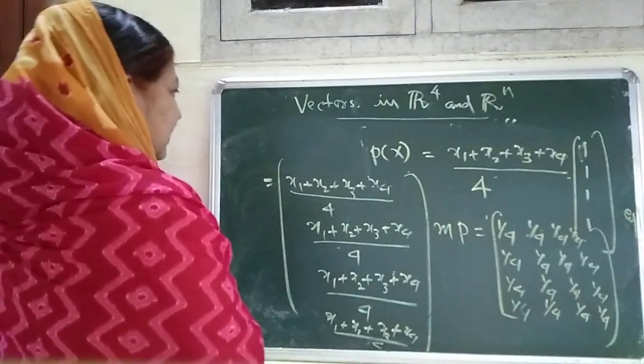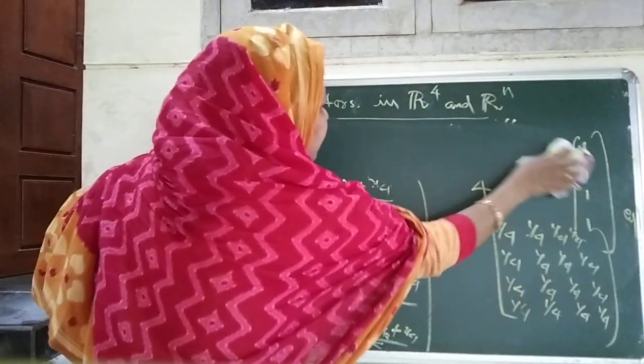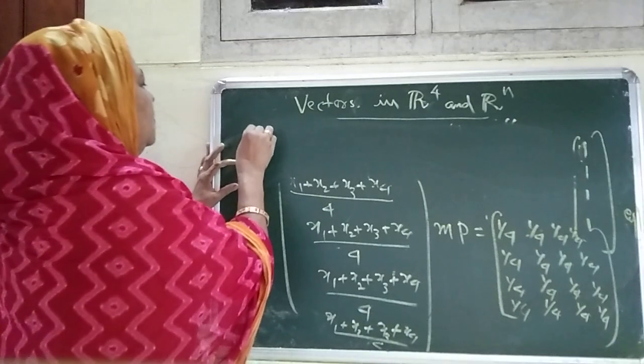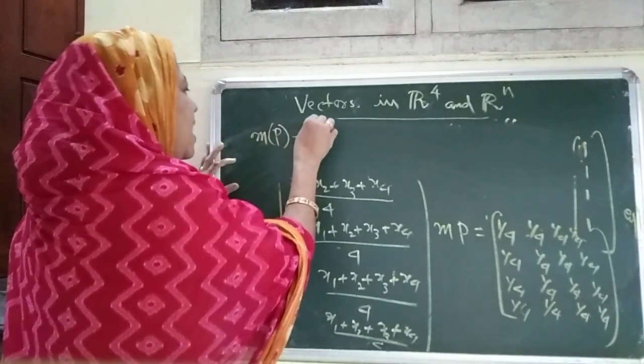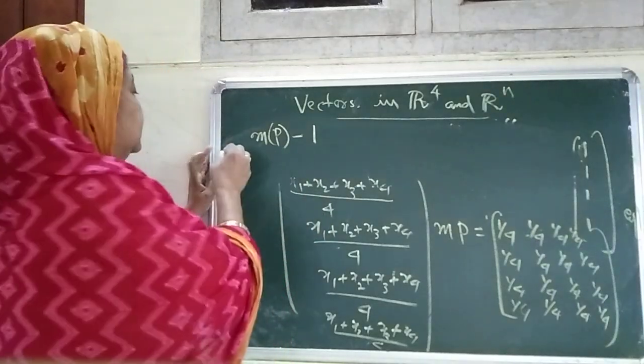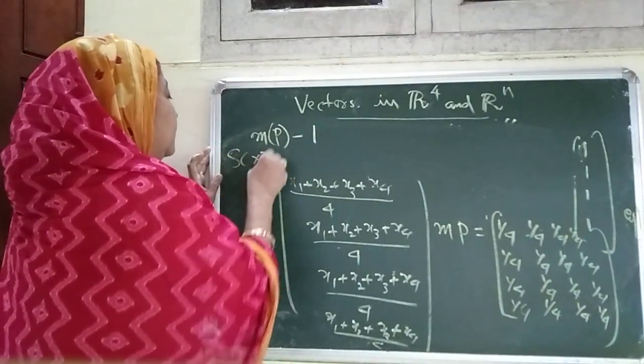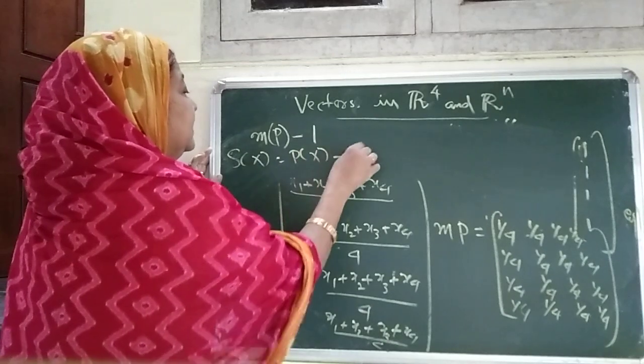We know the reflection: Sx equals P of x minus x.